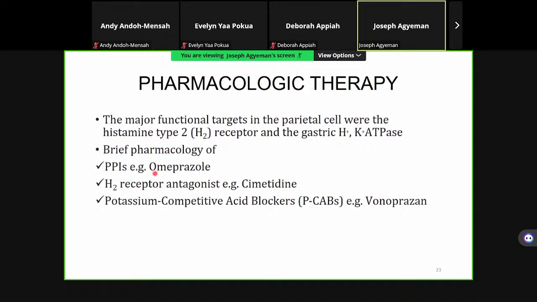That is the same time that you are taking your meal, and your meal is going to cause activation of all the 3 pathways for acid secretion. So it will synchronize with your meal-induced acid secretion.